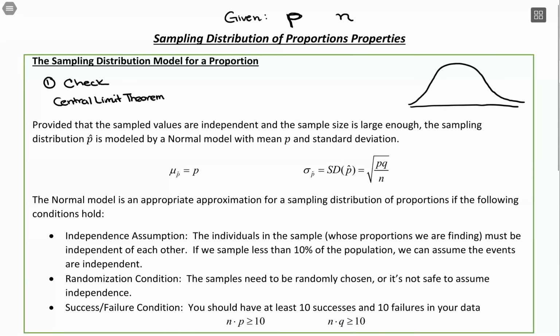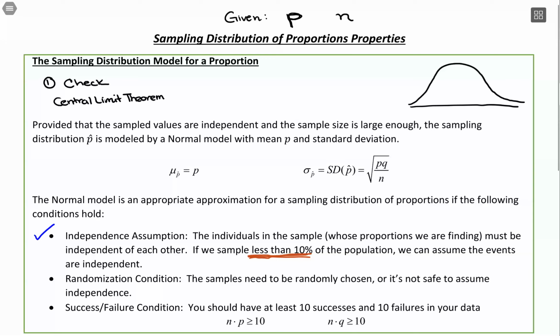Or we can use the fact that we're sampling less than 10% of the population. If we're talking about all Americans and we sample 100 people, that's less than 10% of the population, so we can assume independence. So we want to make sure that we have independence in some form.